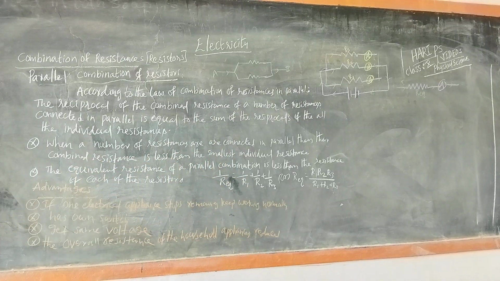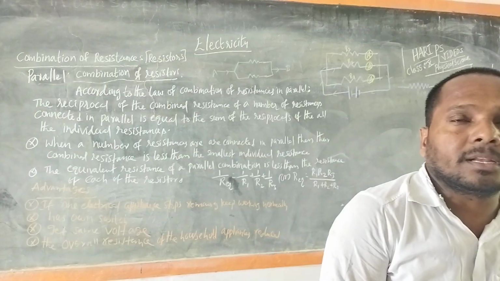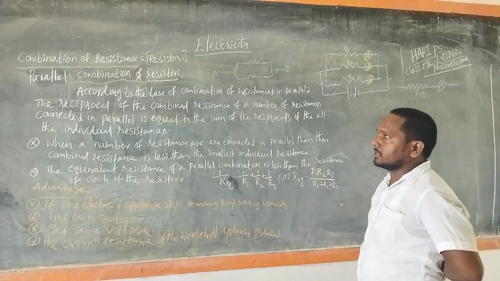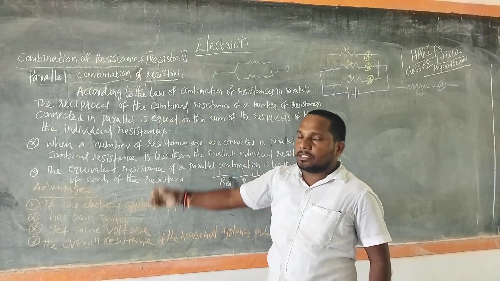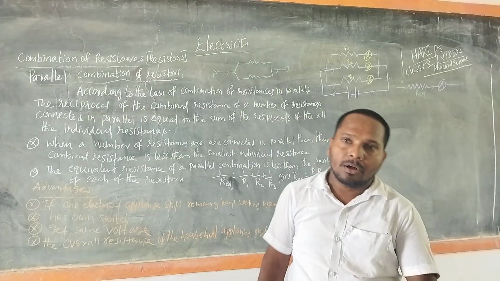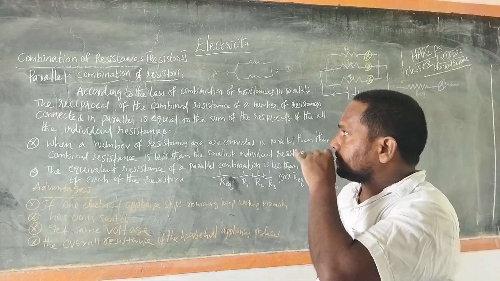In a series connection, all the resistors are connected in series, with the ends of the resistors connected one after another. Then coming to the next connection, the parallel connection of resistors.